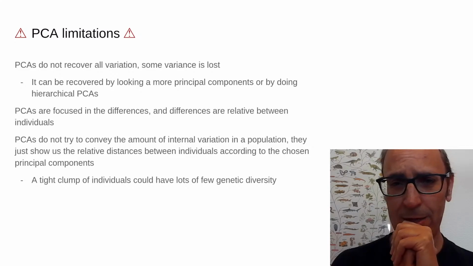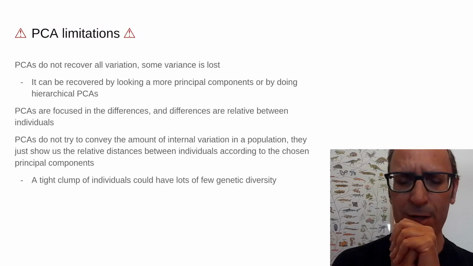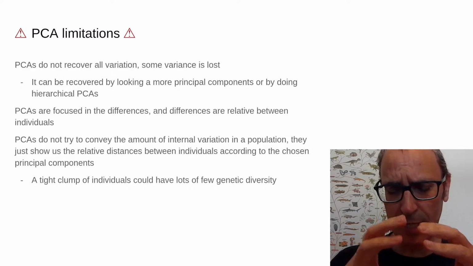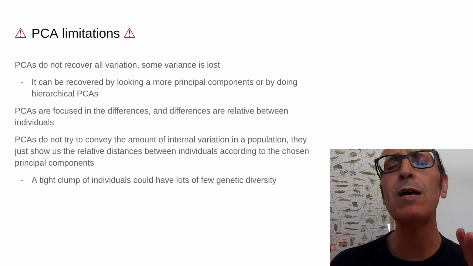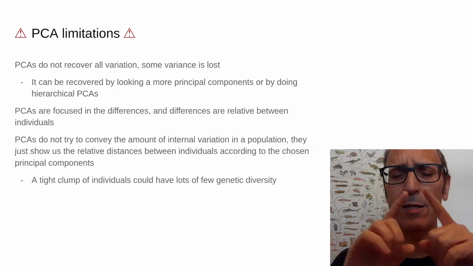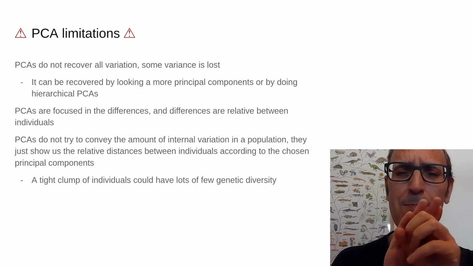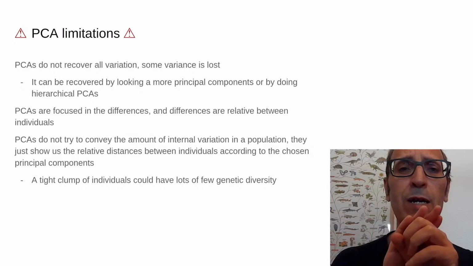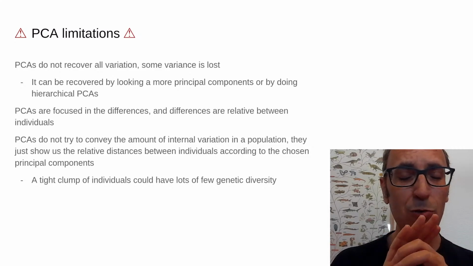Also, we are focused on the differences between the individuals. I have said that we are trying to spread the individuals as much as possible. This is our objective when we do the PCA. So, if you find that you have individuals that are very close together, that doesn't mean that they are very diverse or that they have very low diversity. Okay? Because this is not what we are trying to study.